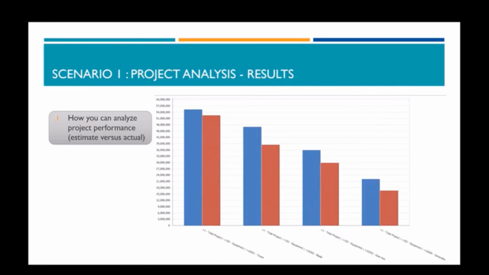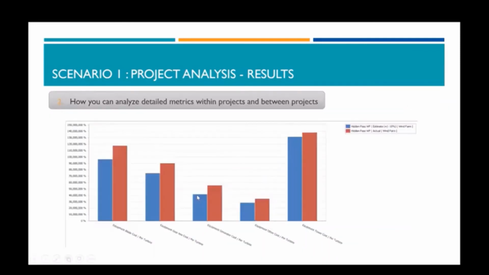But I'd like to know how these costs look when I take the total project size into account, i.e. what are these costs per turbine? Natalia anticipated this and provided this report to me from our metrics, and it shows that the cost per turbine across all our major equipment categories exceeded our estimates.